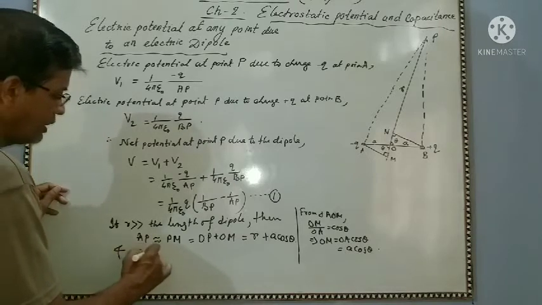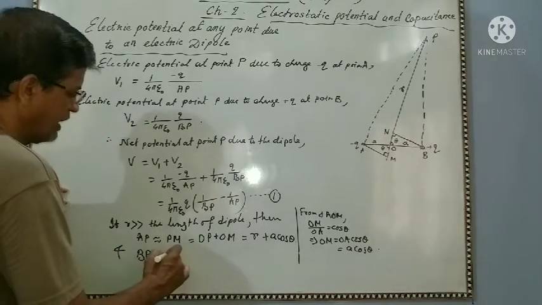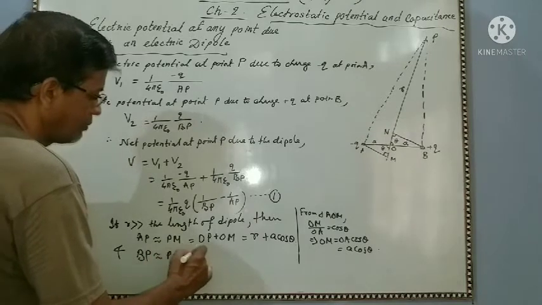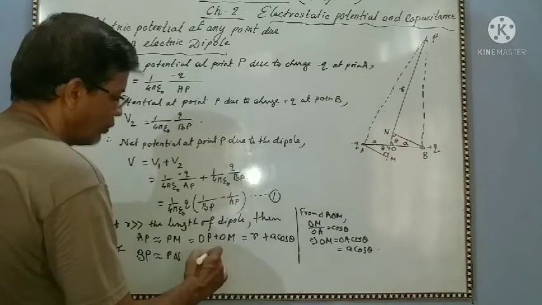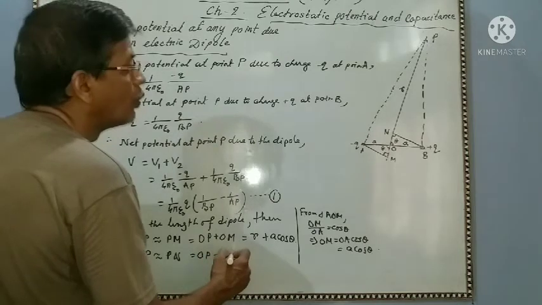And BP is nearly equal to PN. PN means OP minus ON.